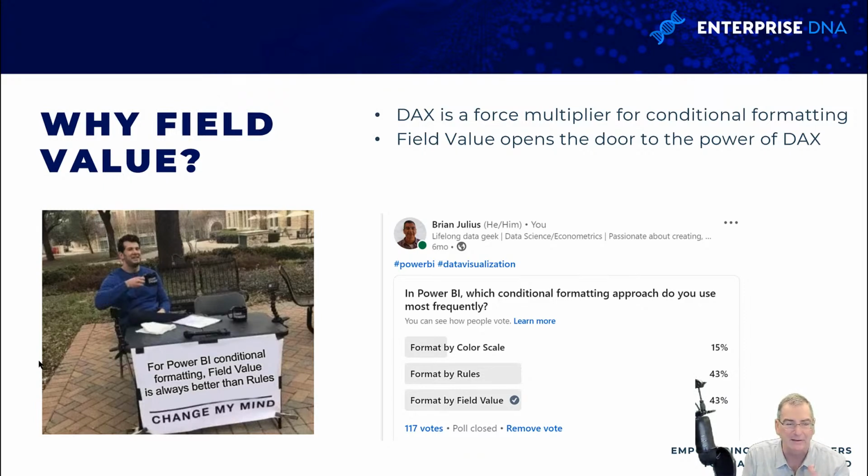You're not bound by just the form of the rules box or the color gradient, but you can basically take anything you can think of in terms of applying DAX logic to and turn that into a field value and then build that into your conditional formatting.